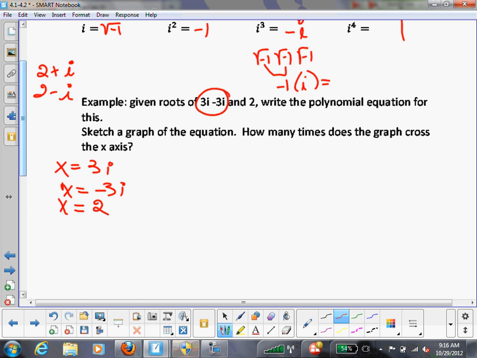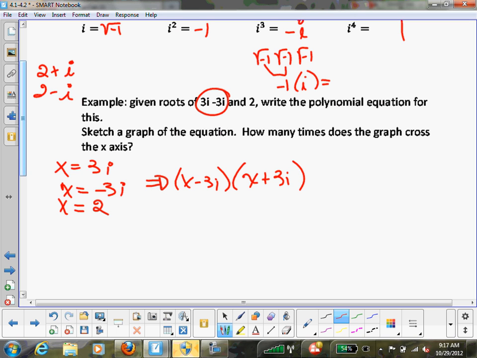So these are the solutions. Now, in factored form, that meant we would take this and move this back over to the left, correct? So x equals 3i becomes x minus 3i in factored form, yes? And x equals -3i means in factored form, what was it? And if x is equal to 2, what is your factored form?